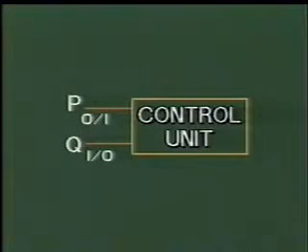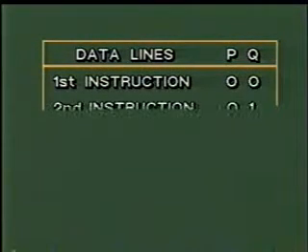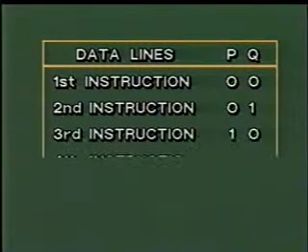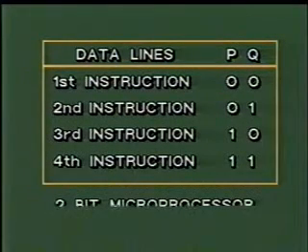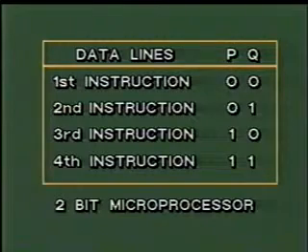In the above case, since we are giving our instructions through only 2 lines, P and Q, which are known as data lines, we can have at the most 4 unique combinations or 4 instructions. First instruction, 0, 0.